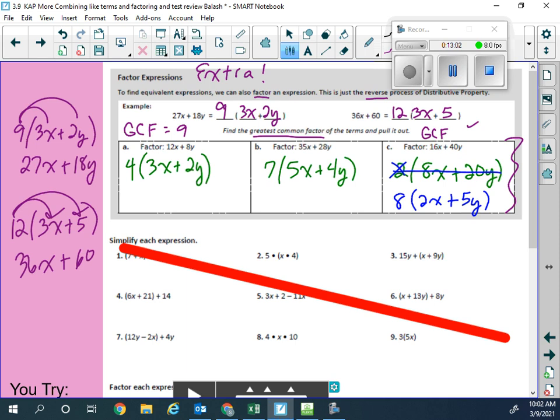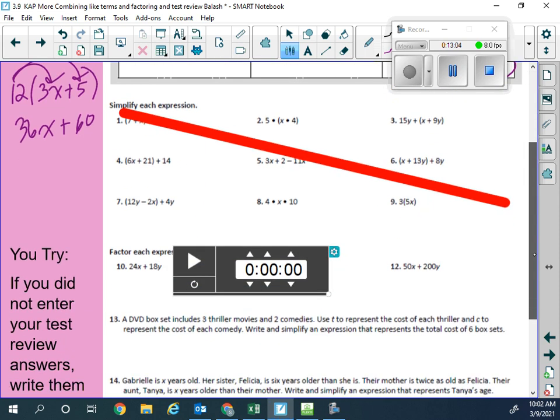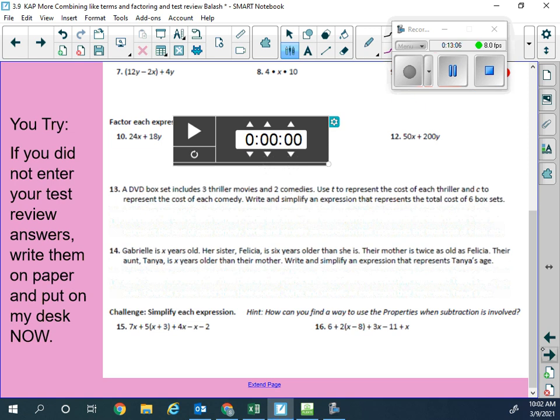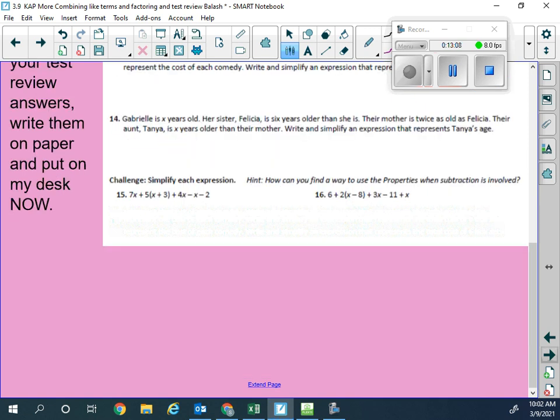Okay, we're going to skip this middle section for now, and then we're going to come all the way down here to the bottom to number 15. Let's look at number 15, okay? It looks kind of long, a little scary, but really, is it? What do we need to do first?